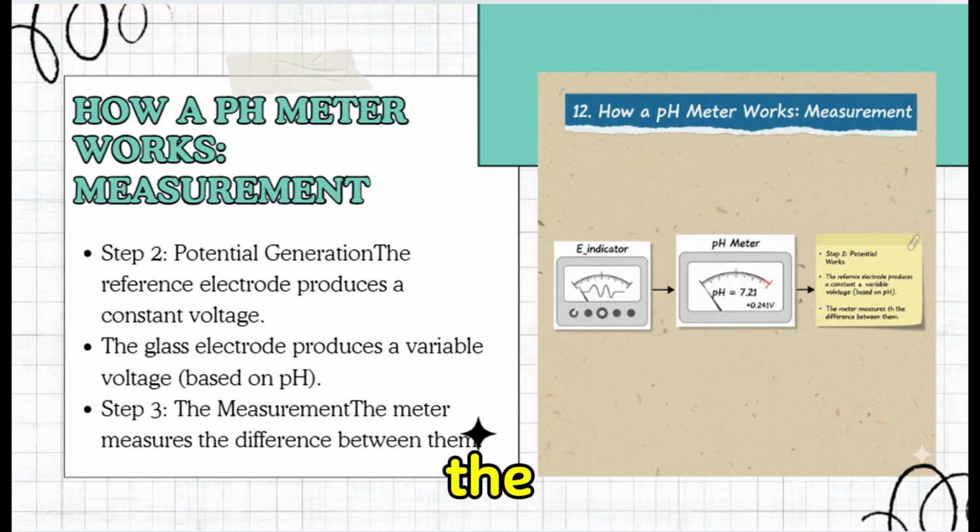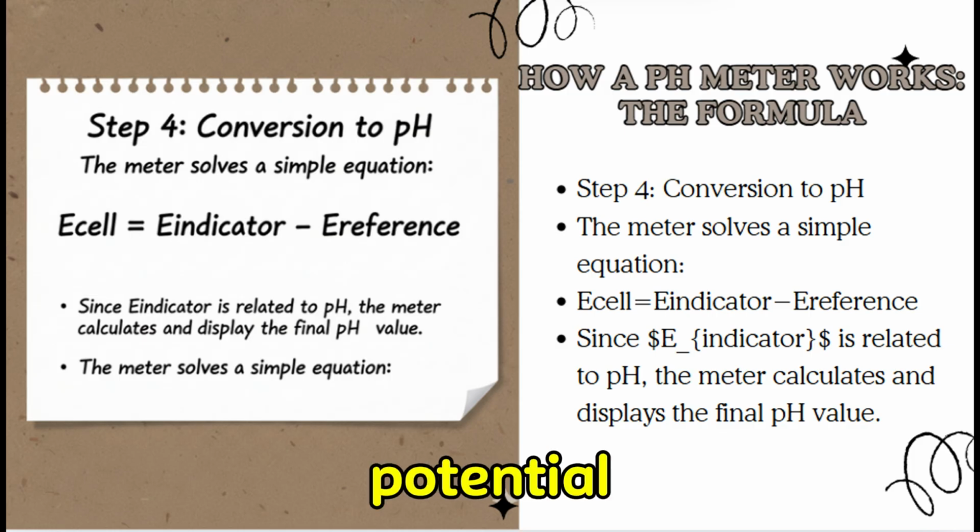Step 3. The measurement. The pH meter itself is just a very sensitive voltmeter. It measures the difference in potential between these two electrodes. The total cell potential, E cell, is simply E indicator minus E reference. Step 4. Conversion to pH. Here's the key.